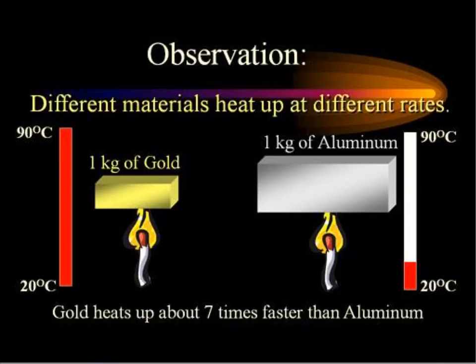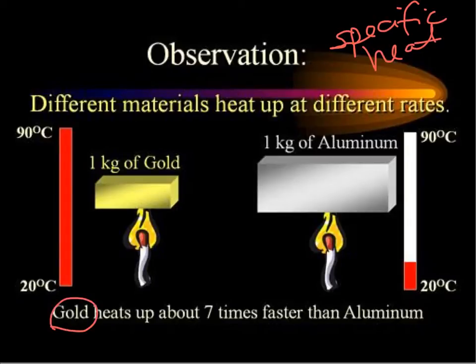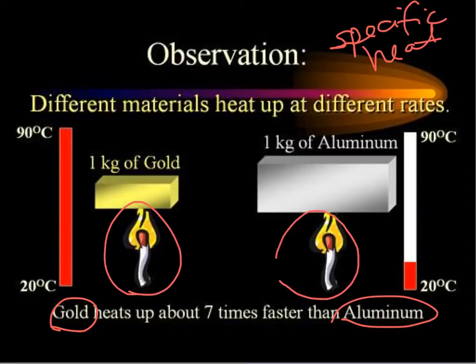All right, so to give you a visual example of what I mean by specific heat capacity, look at these two substances, gold and aluminum. They're both metals, but if you apply the same amount of heat to the same quantity, notice that we have a kilogram of each of them.